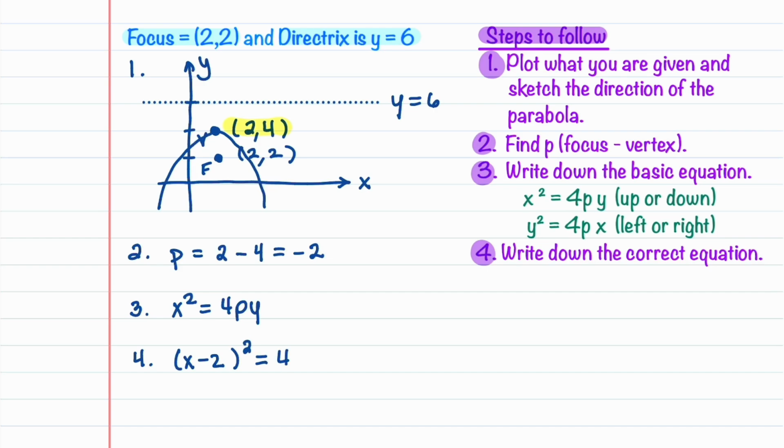And that's equal to 4 times p, which is negative 2. And then we have y minus 4. And this gives us the equation x minus 2 quantity squared is equal to minus 8 times y minus 4. And that's it. You now know how to identify the vertex, focus, and directrix of a parabola and know how to write its equation.